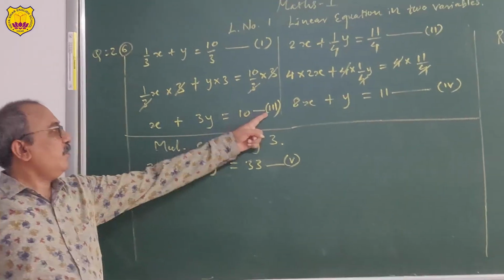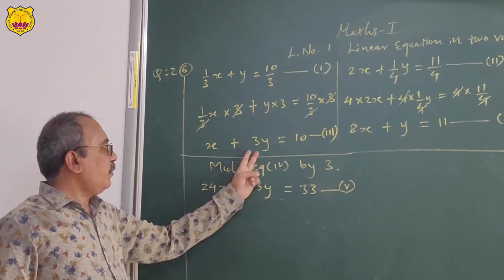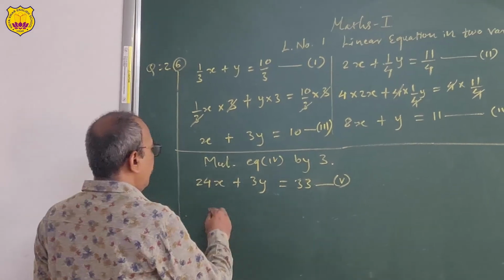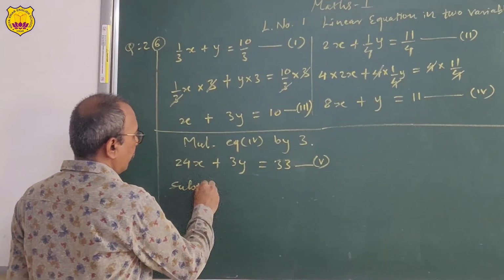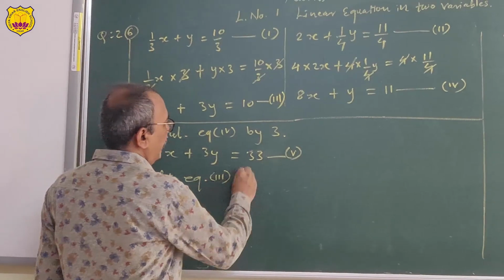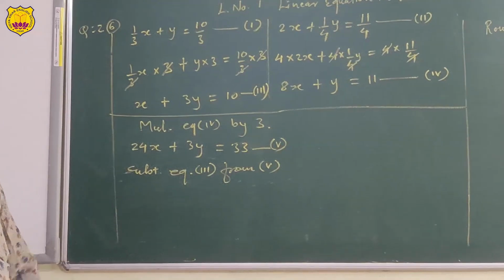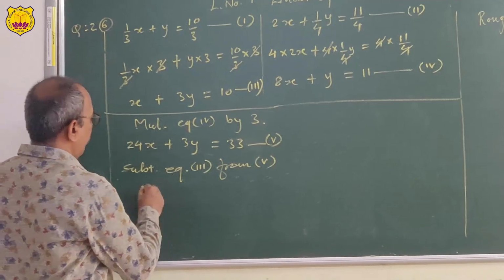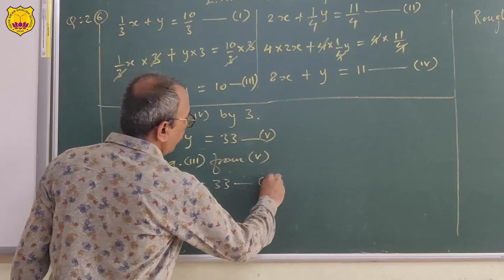Now in equations 3 and 5 we get 3y. These two terms can be cancelled or eliminated. Now to eliminate this, what do we do? Subtracting equation 3 from 5. So 24x plus 3y is equal to 33.